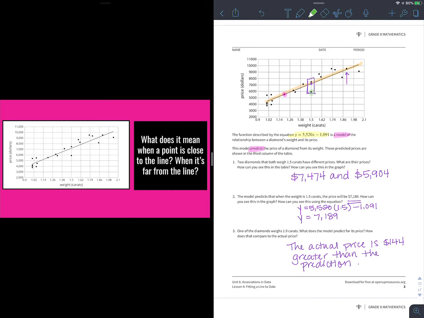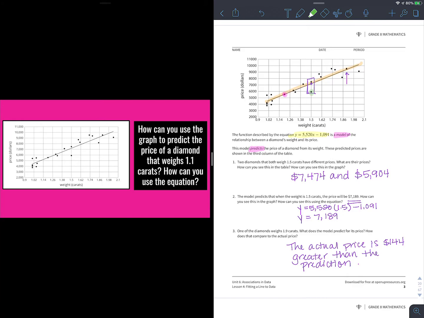What does it mean when a point is close to the line versus far from the line, which is what we've seen in those last 2 questions? When it's closer to the line, it's very close to that predictor that we have, but when it's far away from the line, it's not in line with that prediction. How can you use the graph to predict the price of a diamond that weighs 1.1 carats?